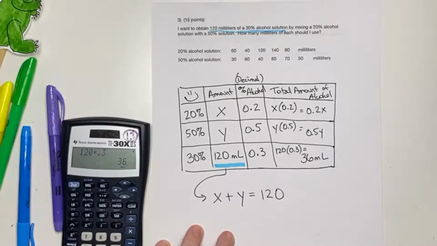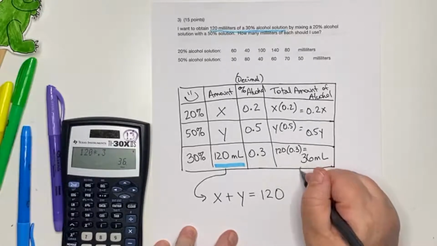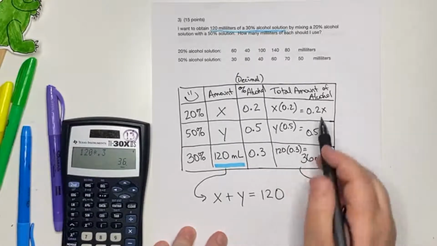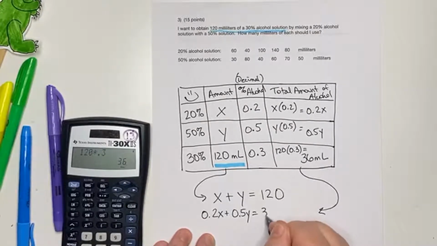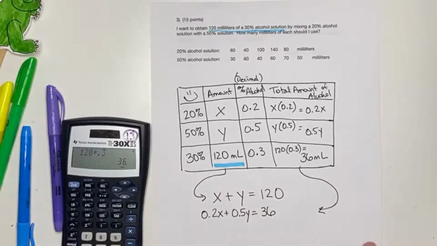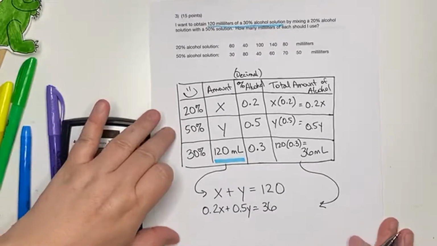We're doing the kind of chemistry where if you have 120 milliliters, that had to be either in X or in Y when you combine them. Also, we've got 0.2x plus 0.5y, and that equals 36. Okay, we've got our two equations.